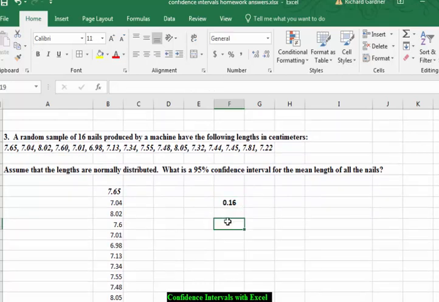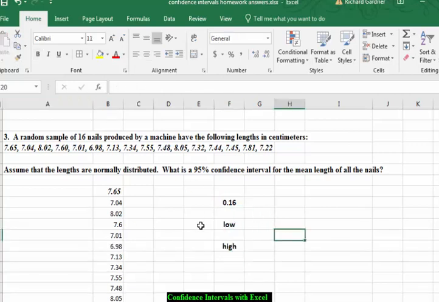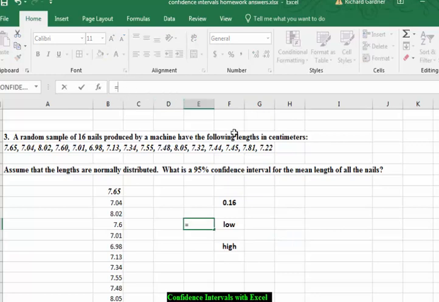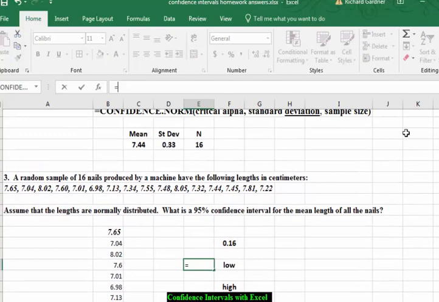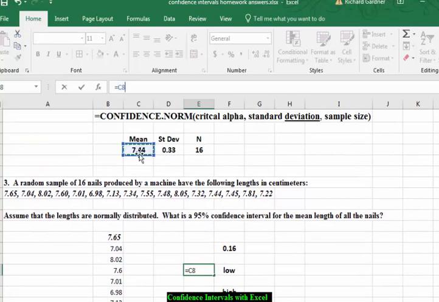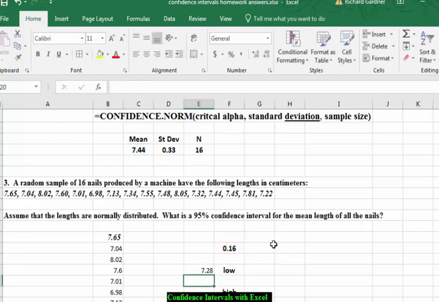So our confidence interval is going to be low and high. Low is going to be the mean minus the margin of error. And the other one is going to be the mean plus the margin of error.